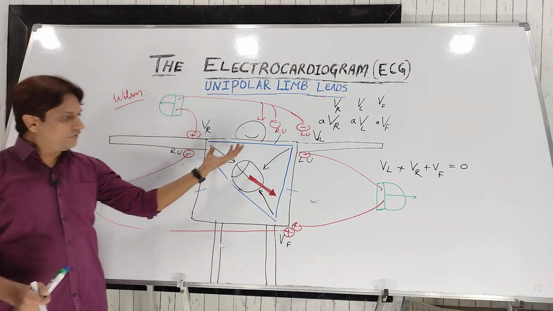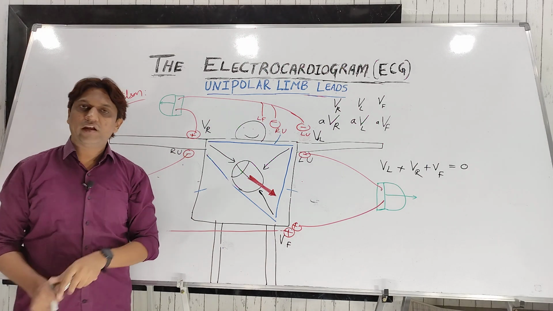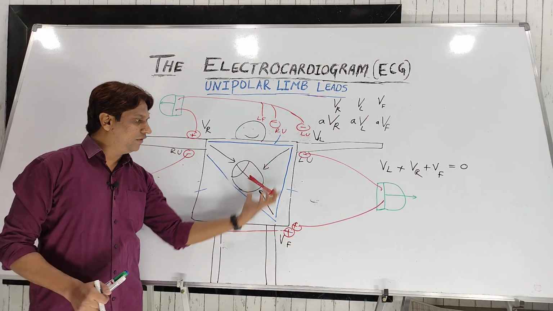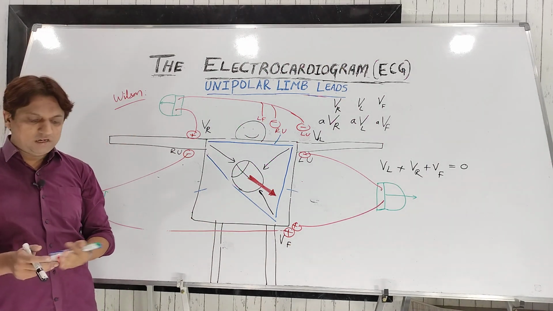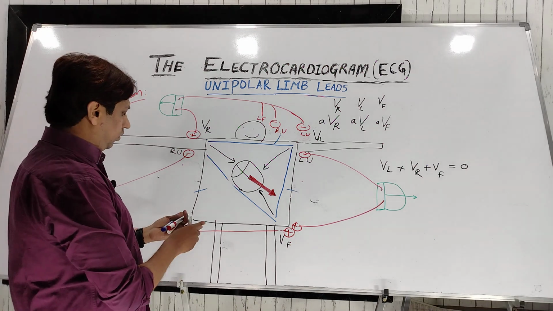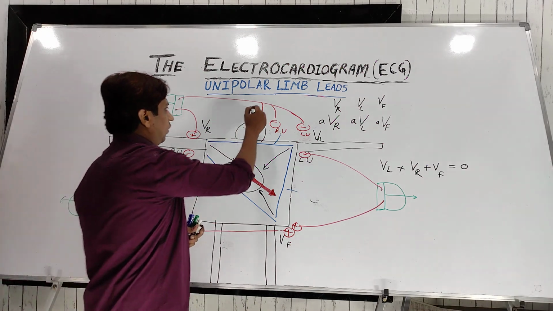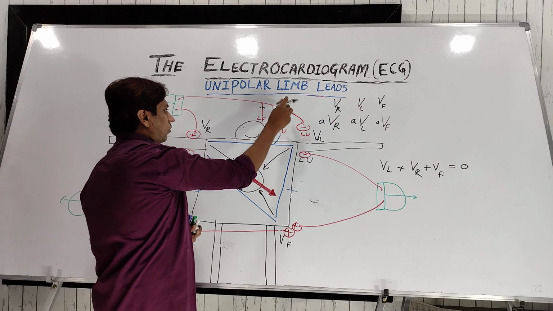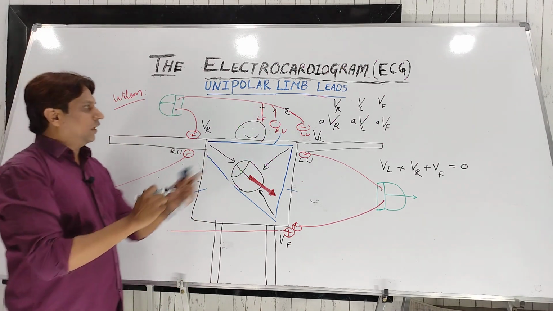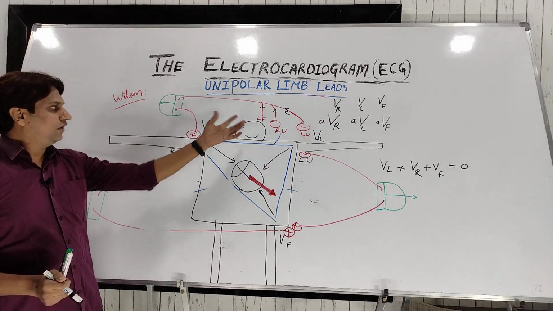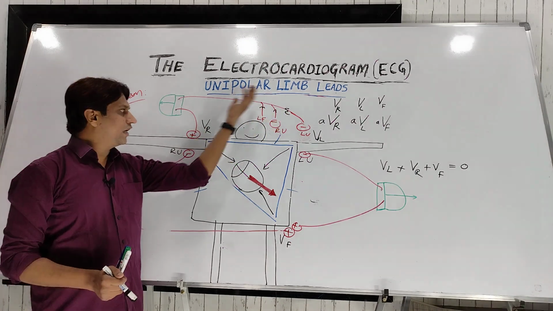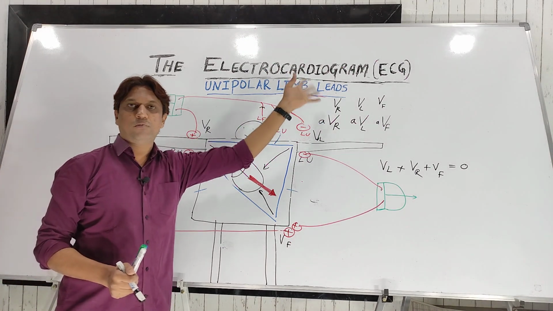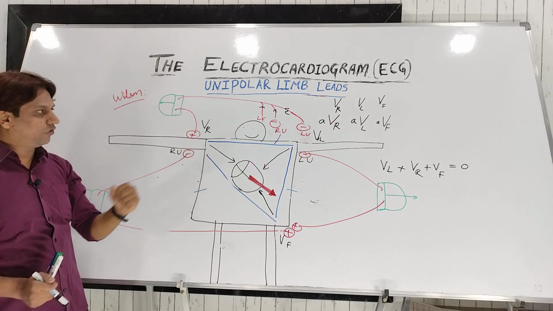Now since the heart is not exactly at the center, and it is not exactly an equilateral triangle, they have put certain resistance here. So now it has become an indifferent electrode. That is the unipolar limb lead VR, which was proposed by Wilson in the 1930s, that is 1934.